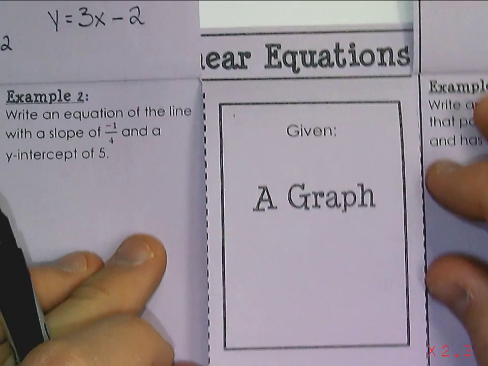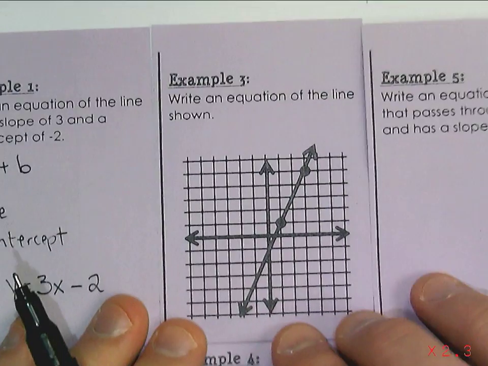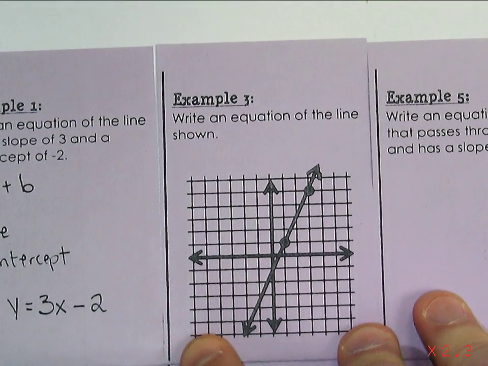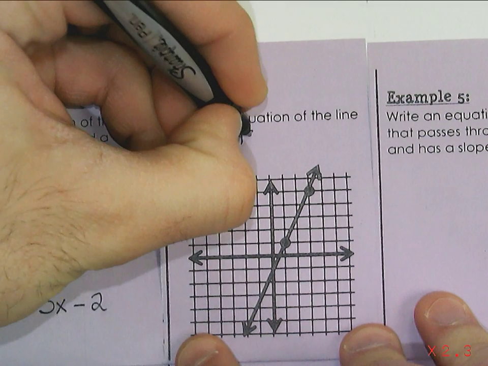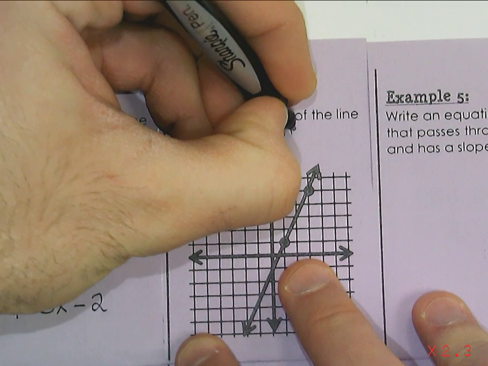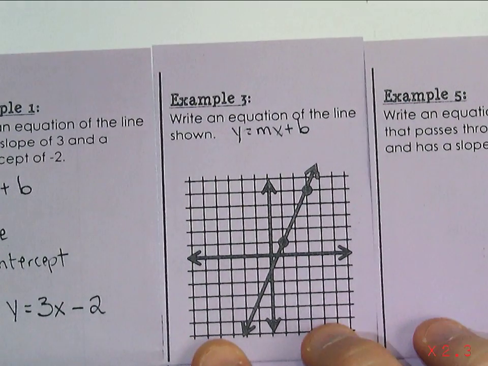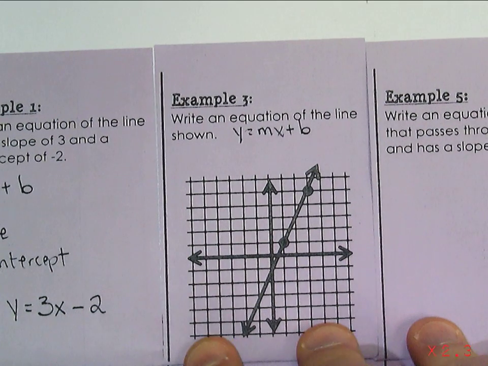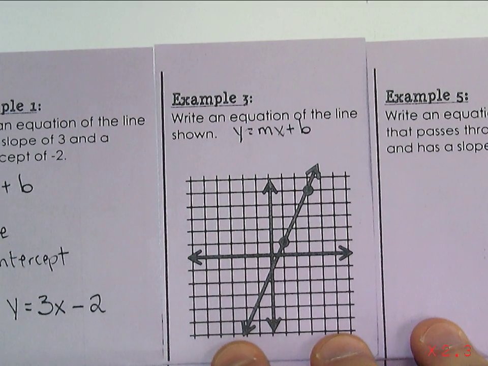So that's exactly what we'll be doing on this one. So remember, we're still working with y equals mx plus b. Now we need to figure out what the slope is, and we need to figure out what our y-intercept is.